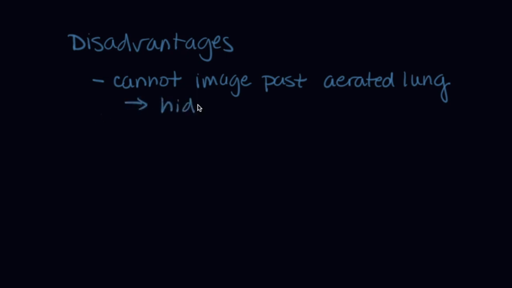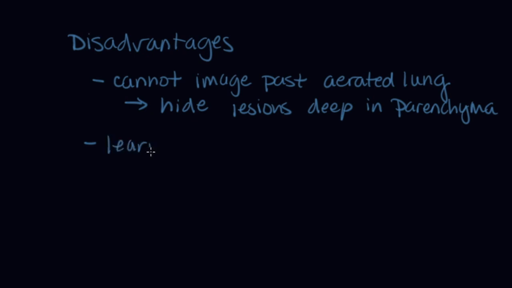Some of the disadvantages of ultrasound are that the ultrasound cannot image through aerated lung, so parenchyma is not visible if the periphery is normal, potentially hiding lesions deeper within the lung. There is a learning curve associated with performing ultrasound of any body part.